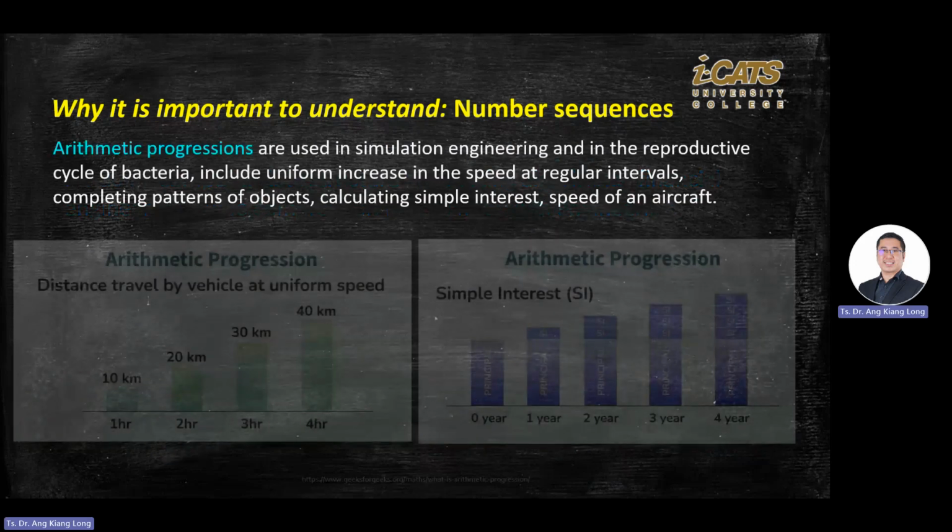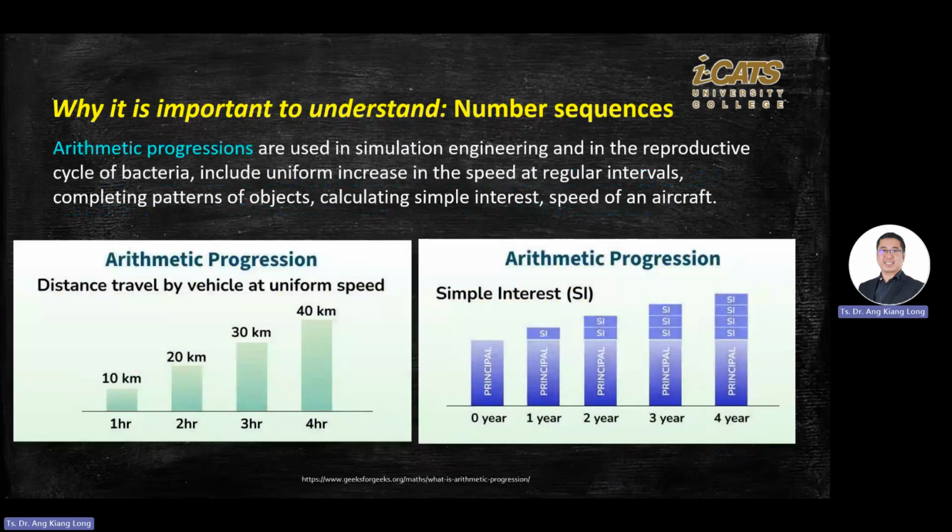Okay, so we start with the first type called AP, which is arithmetic progression. If you recall the linear graph, y equals mx plus c, you will see a continuous pattern. For example, 10 kilometer per second: 10 kilometer, 20 kilometer, 30 kilometer, and so on. So it's a linear form, right?